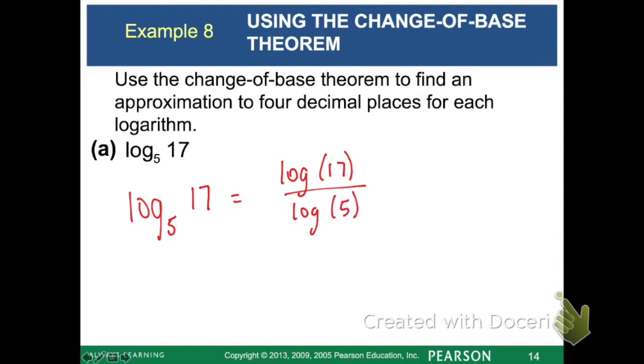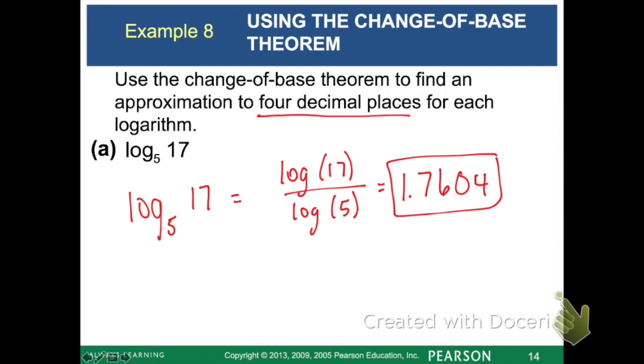Now a minute ago I told you we can change to whatever base we want. I didn't write a base in that step because I changed it to base 10. Now technically you could write 10, but you don't need to. So now I'm putting in my calculator log of 17 divided by log of 5, and I get 1.7604. Don't forget to round your decimal places to 4 spots.